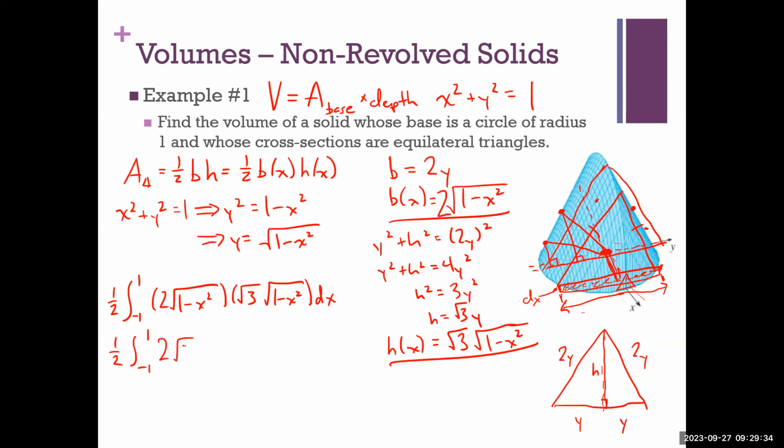So 2 times radical 3 times 1 minus x squared. So I think we get some things that cancel. This 2 will cancel this half. And then I'll also pull out the radical 3. So what's left is this.